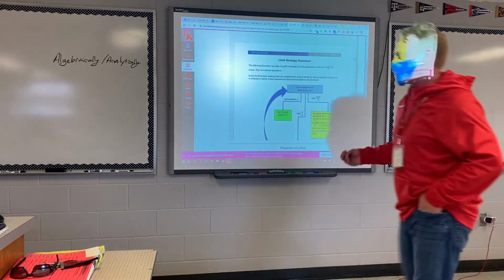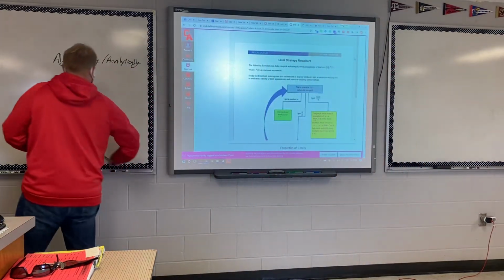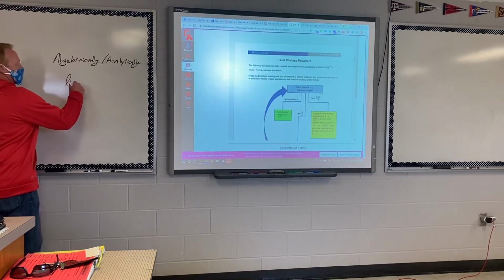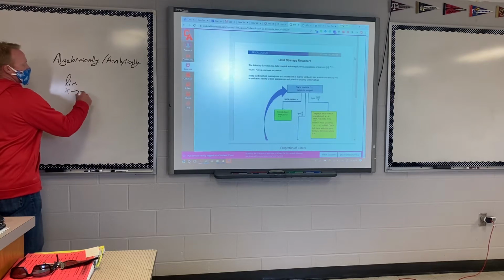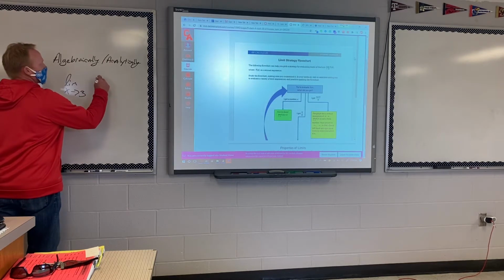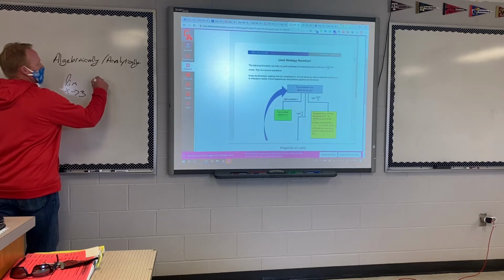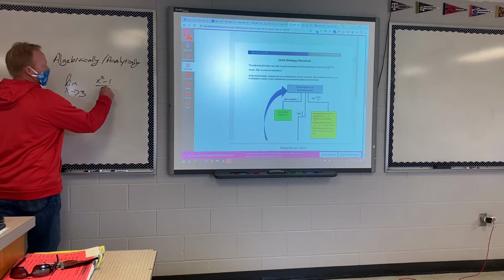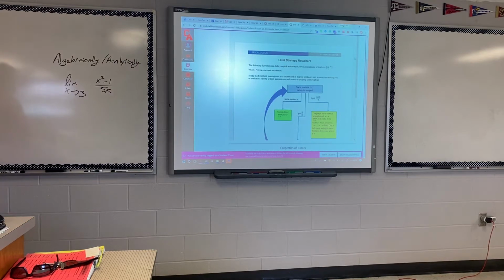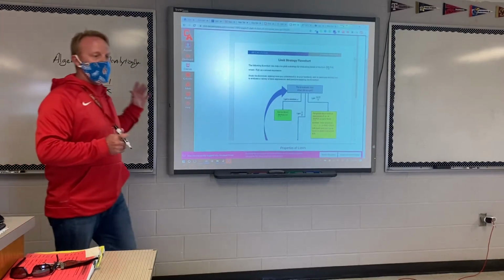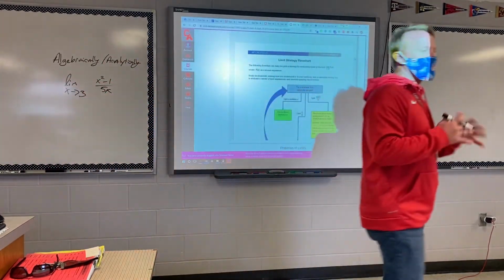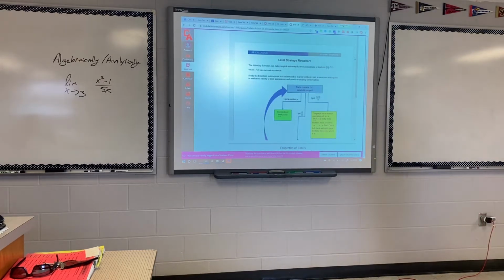So for example, here's an example. Limit as x approaches 3 of x squared minus 1 over 5x. If I ask you to evaluate that analytically or algebraically, what are we gonna do first?